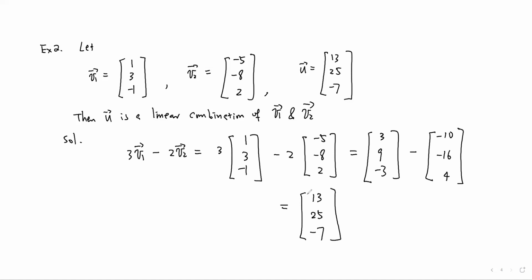This resulting vector is exactly u. This is u. Therefore, the conclusion is u is a linear combination of v1 and v2. Done.